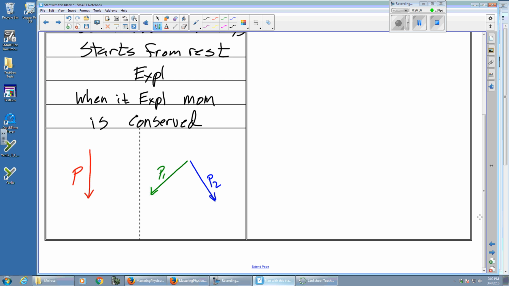They have equal inertias, equal mass. So how do you think they split up the momentum? Equally, right? So as much momentum as piece 1 has, piece 2 has the same amount because they split the mass equally. So P1 and P2 would be the same number? Yes.